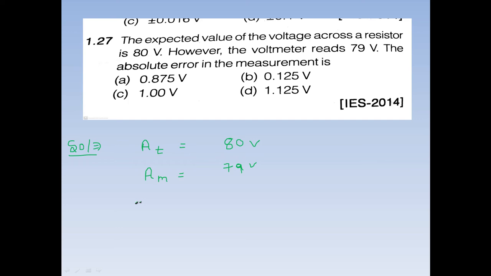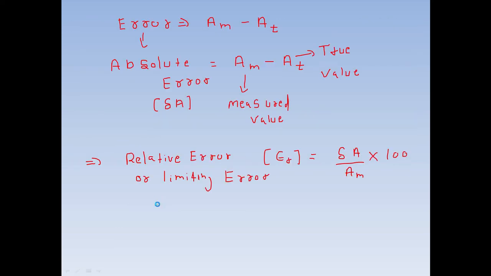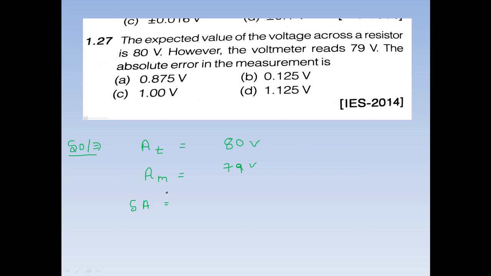So I have stated that the absolute error is the difference between the true value minus measured value. So absolute error is AT minus AM.